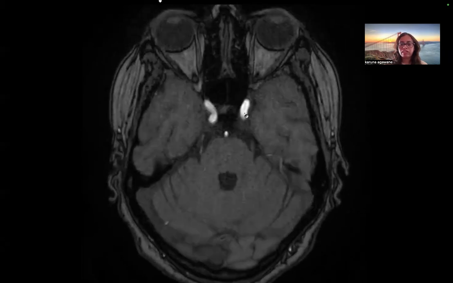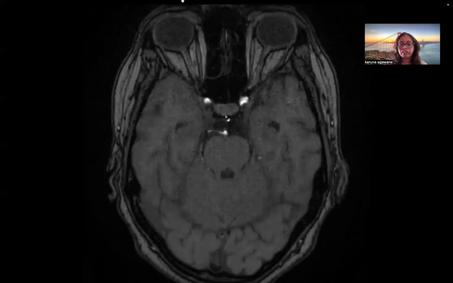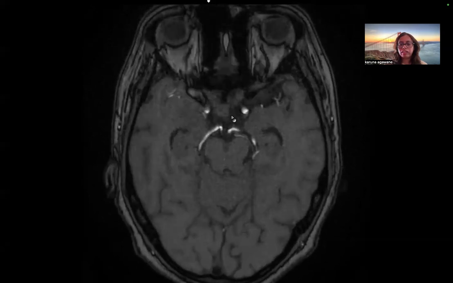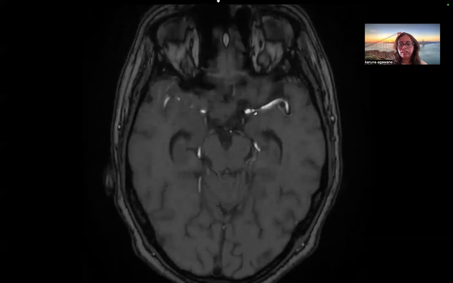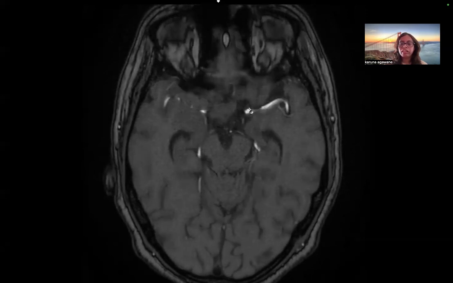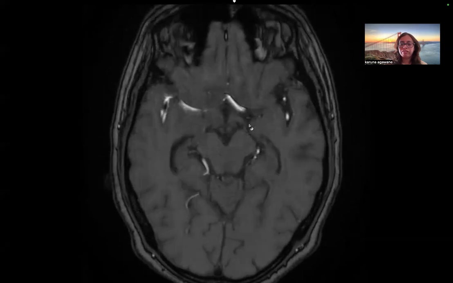These are the cavernous segments, which course horizontally through the cavernous sinus. Coming here are the clinoid segments. Going above are the supraclinoid segments. And terminal is the last segment, that is the seventh segment. It then bifurcates into the MCA and ACA.